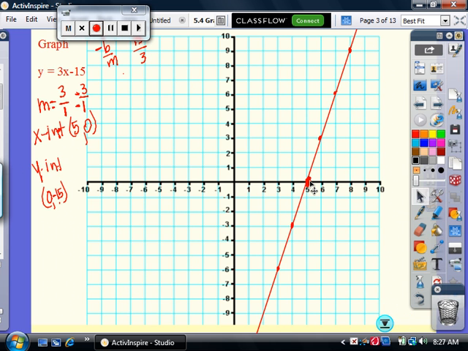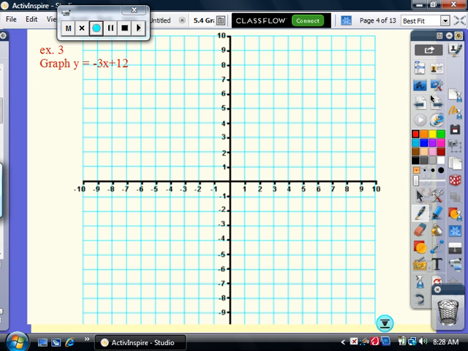I think actually my point's off instead of my graph here. And that's how simple it is to graph. Instead of having 1 point and a slope, we've got 2 points and a slope. Is that pretty easy? Okay, we're going to practice that a few times today.